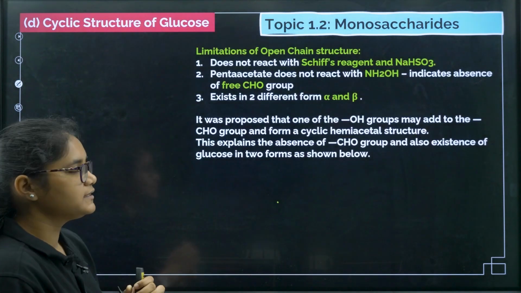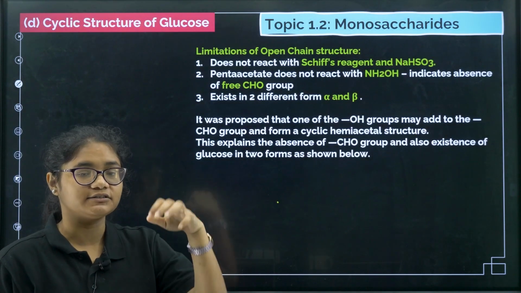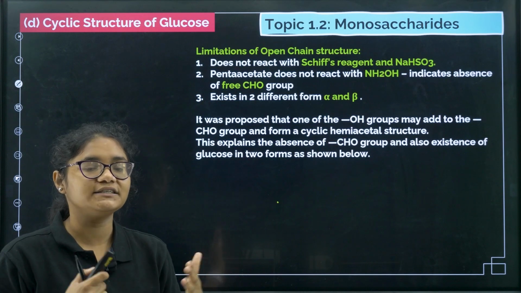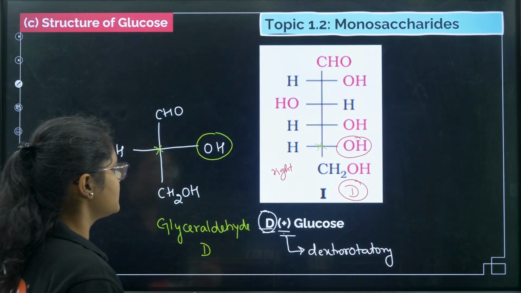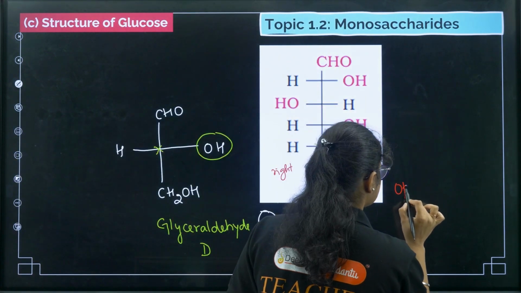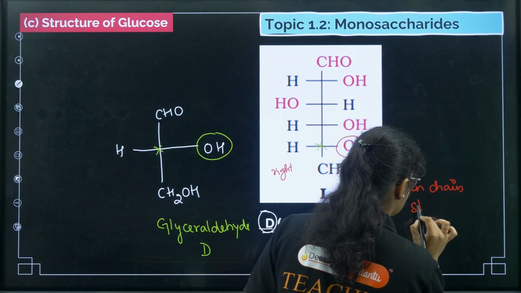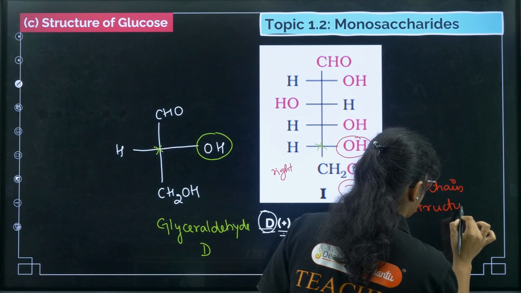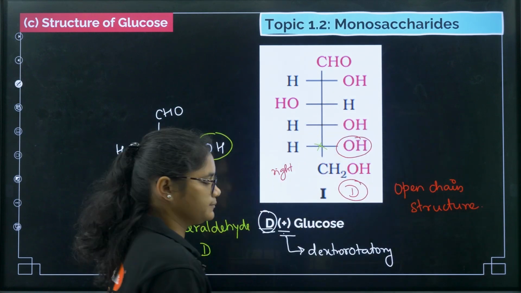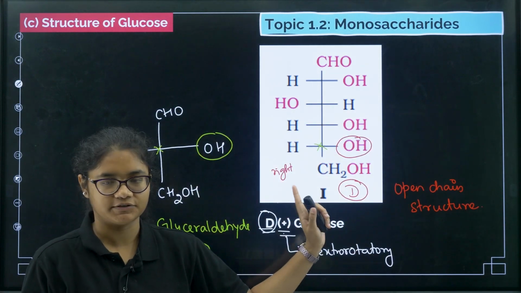Next, we have some limitations with this linear, or open chain, structure of glucose. This is the open chain structure of glucose.